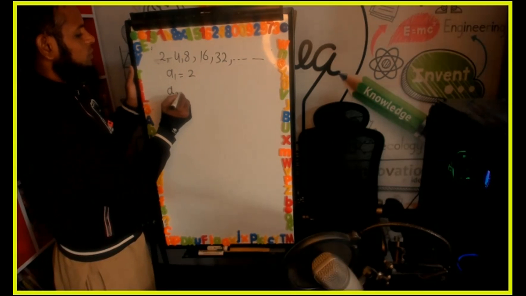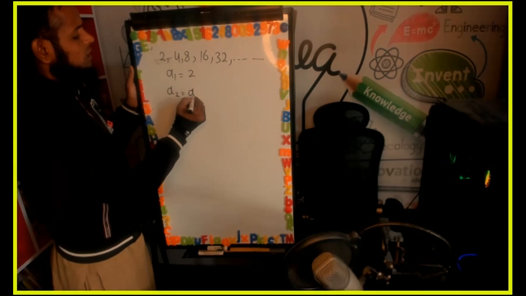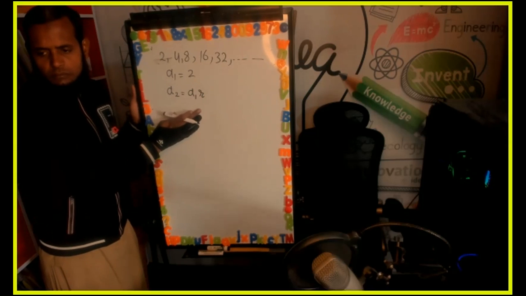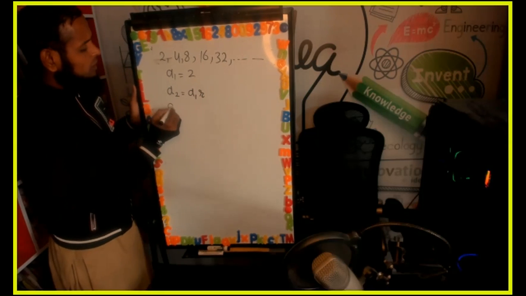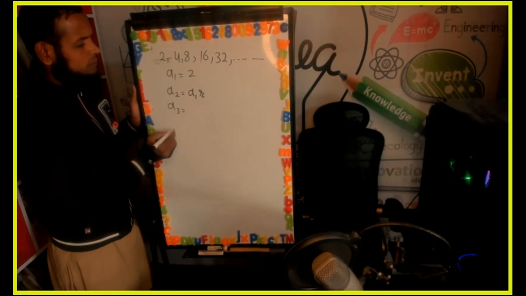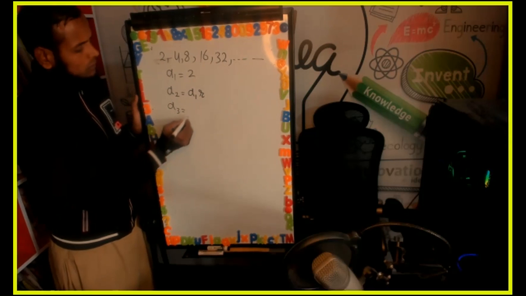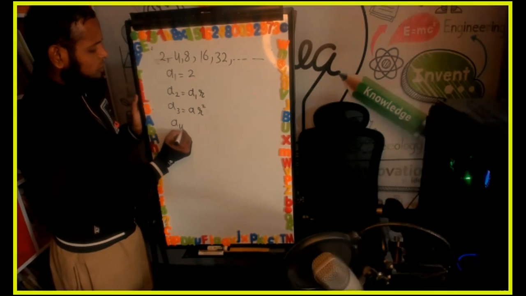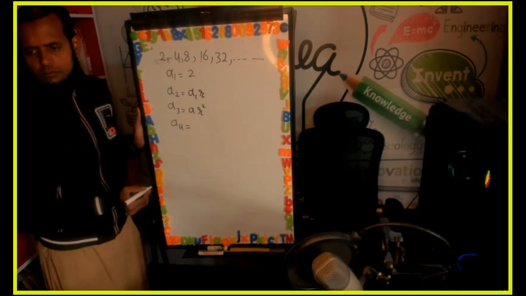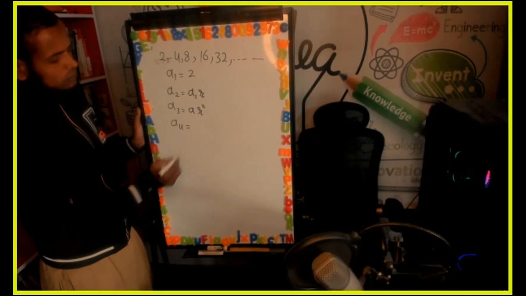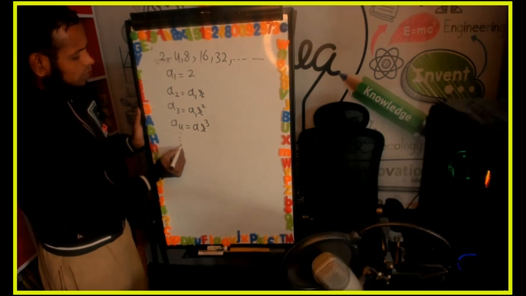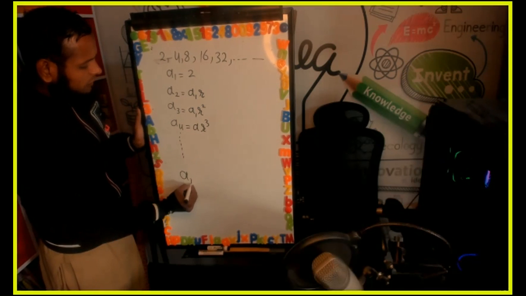We did A1R. What was the A3 formula? A1 R2. What was the A4 formula? A1 R3. Yes. Now can you tell me what will be the nth term formula?